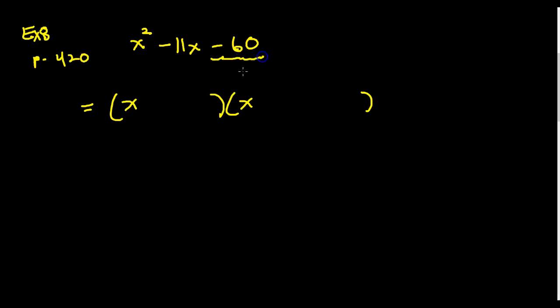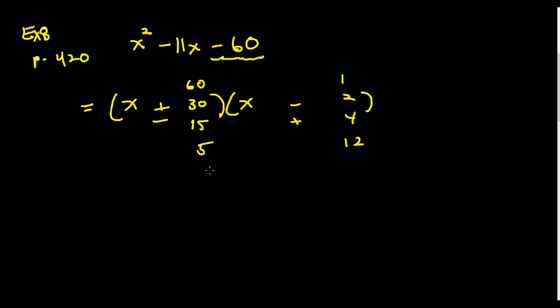Negative 60, well, that means these signs have to be either plus minus or minus plus. And 60 has a lot of possibilities. 60 times 1, 30 times 2, 15 times 4. Right? What else? 5 times 12.